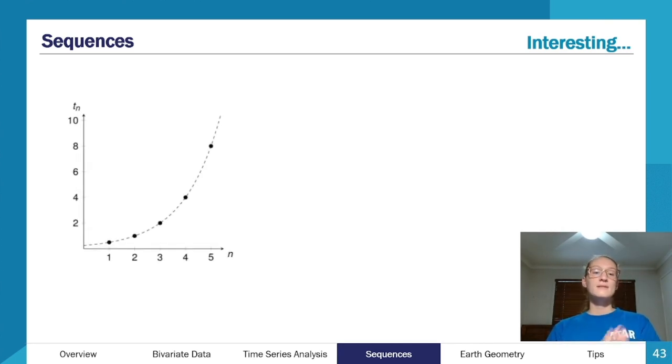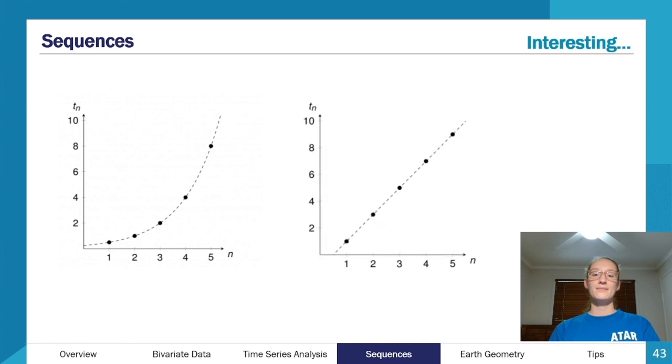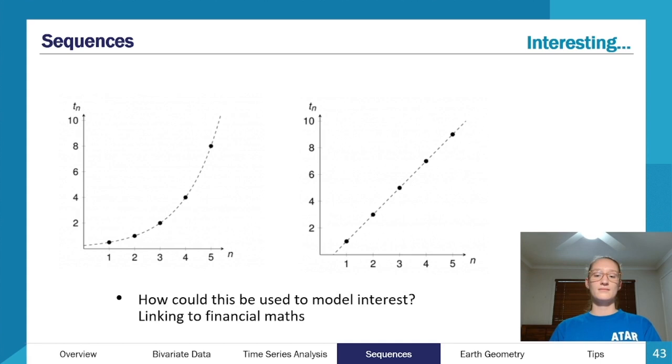So sequences. Do you reckon, is this an arithmetic or a geometric sequence? What about this one? Arithmetic or geometric? Hopefully you might have been able to figure out that this is actually a geometric sequence, and this one is our arithmetic sequence.